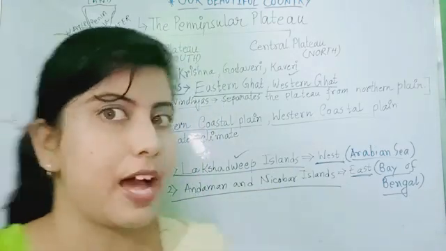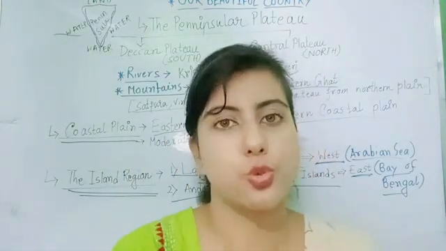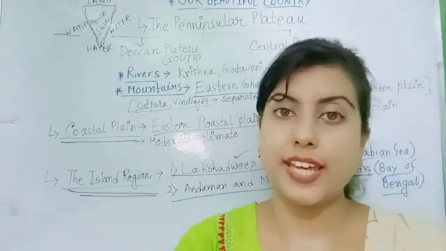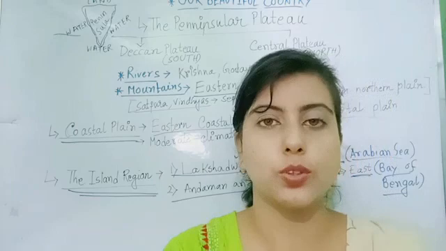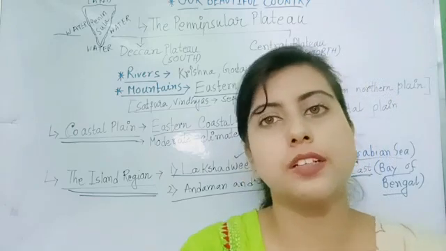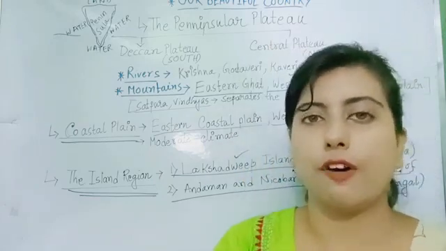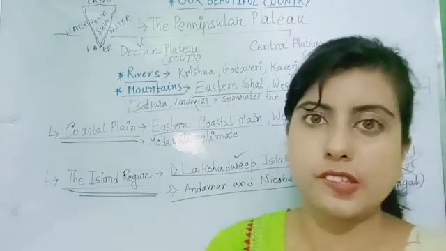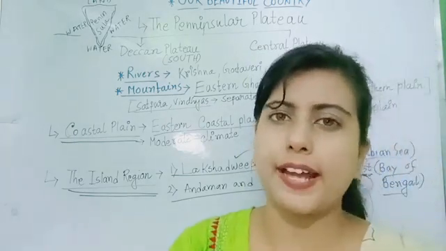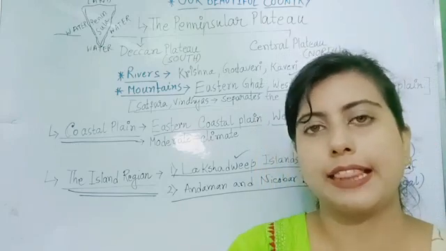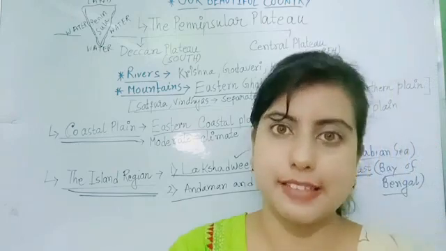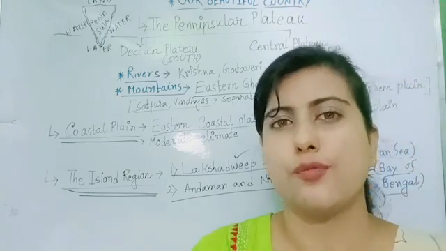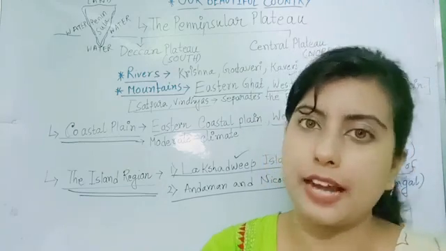So these were the last three physical features of India. So we have discussed in total 6 physical parts of India. Now these 6 physical parts are so diverse in nature that we can definitely say that our country India has various types of landform.